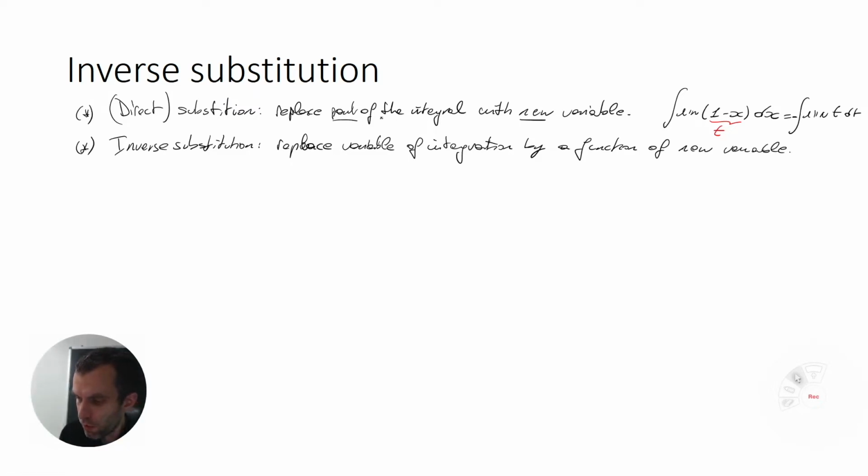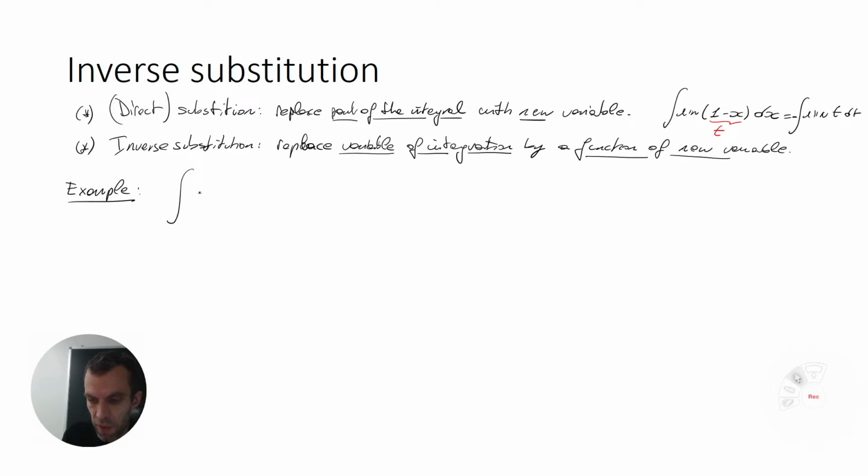So here, for direct substitution, it was part of the integral that we replaced, like 1 minus x. And for inverse substitution, we'll just replace the variable itself by a function of a new variable. So for example, how does this work, or what does this do?